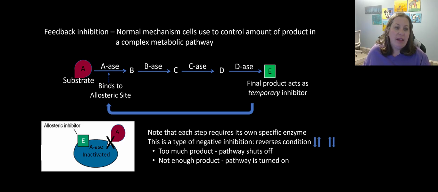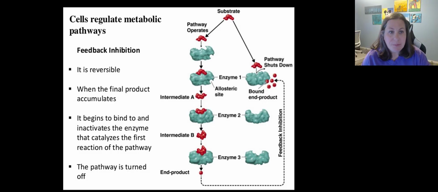This is what it looks like with an actual example. You can see that this substrate comes in and uses intermediate A and intermediate B until you finally get the end product. So you have enzyme 1, 2, and 3. By the time you get to the end product, it's going to bind to enzyme 1 and shut the pathway down. Now remember, it is reversible.